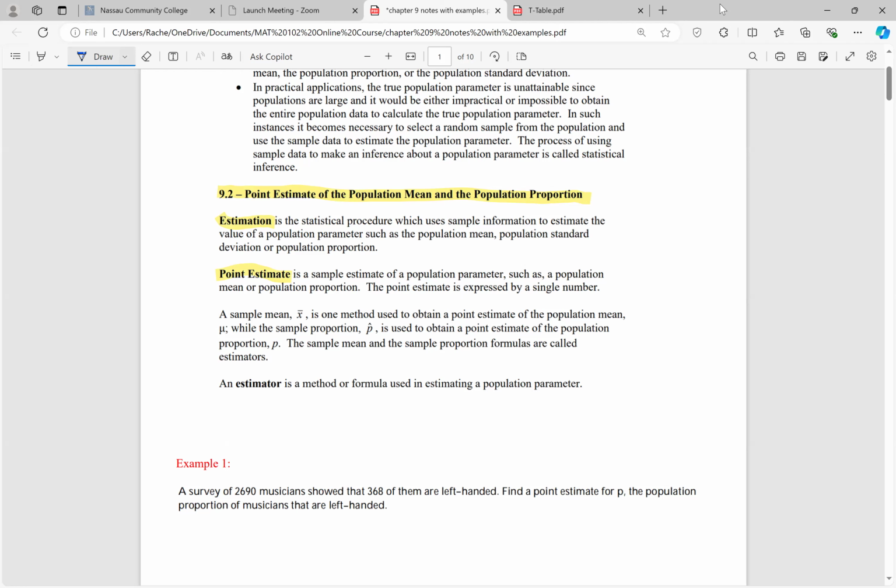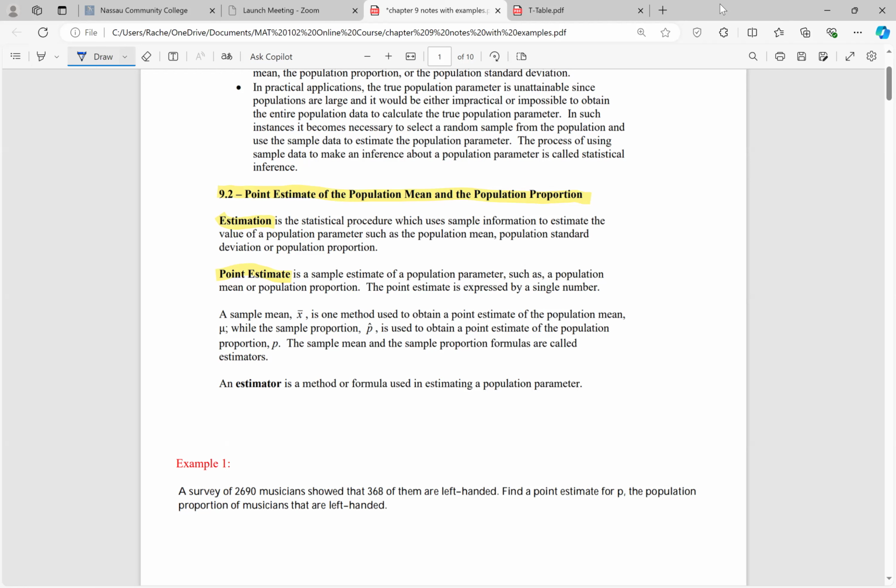So now let's think of a sample mean X bar as one method used to obtain a point estimate of the population mean mu. So in other words, we can take a sample and use X bar as an estimate of mu, right? Because typically mu is unknown. And we can also use p hat, the sample proportion, to obtain a point estimate of the population proportion p.